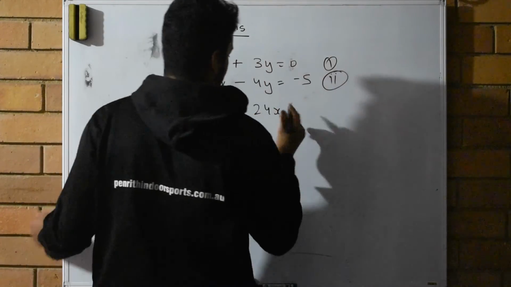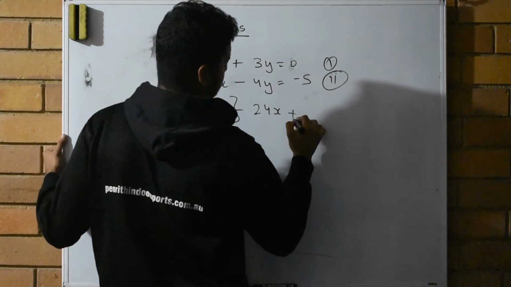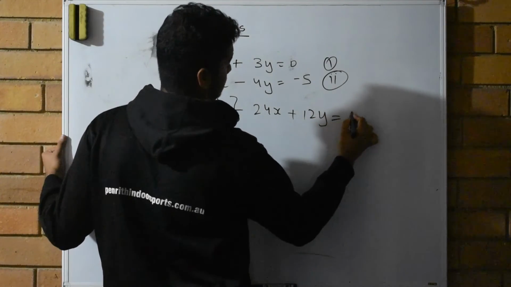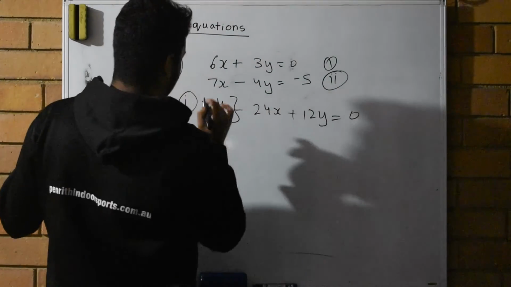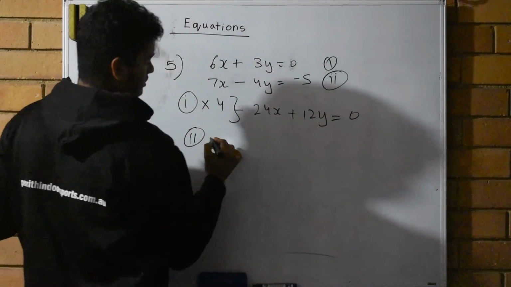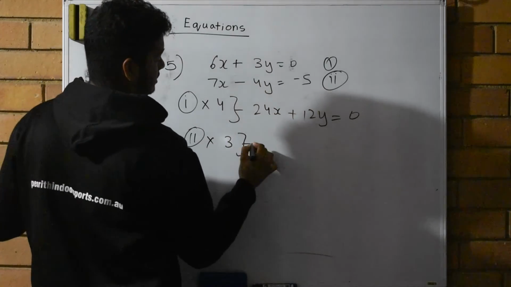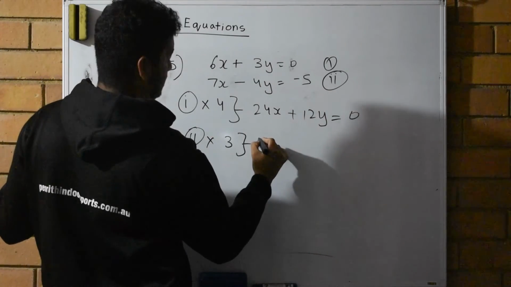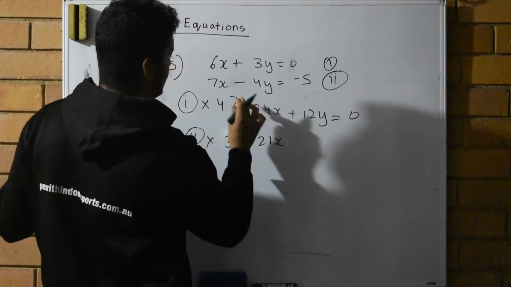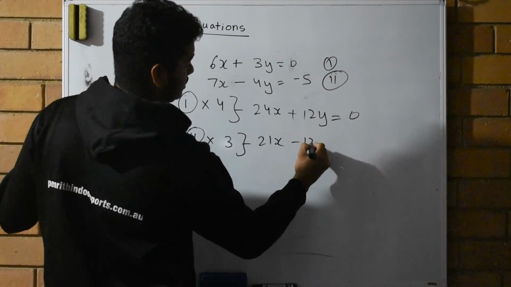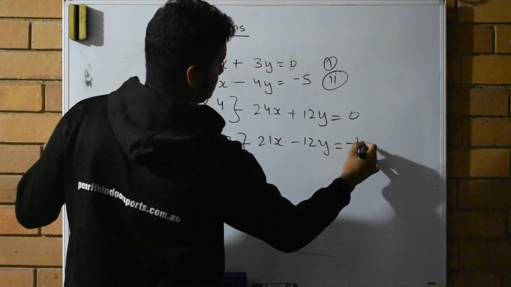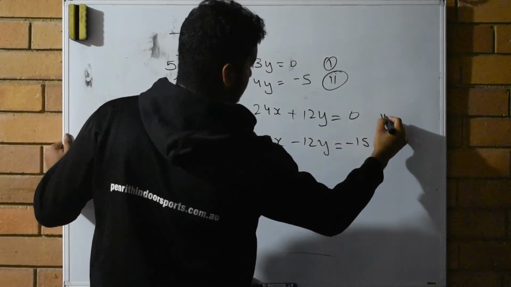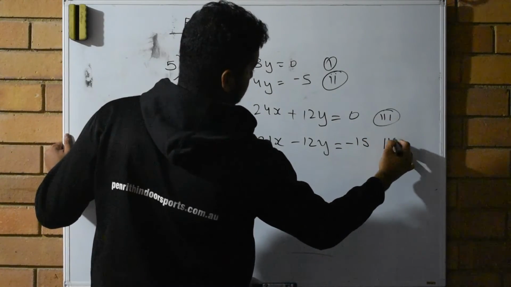So that's going to be 24x plus 12y equals 0, because 0 times 4 is still 0. And then equation number 2 times 3 gives me 21x minus 12y equals negative 15. Now, this is my equation number 3 and my equation number 4.